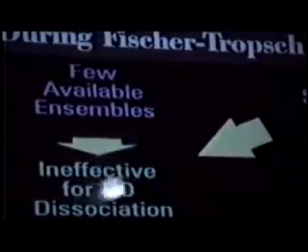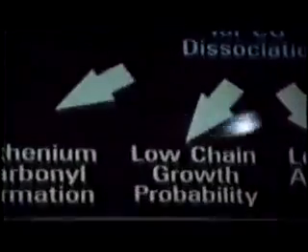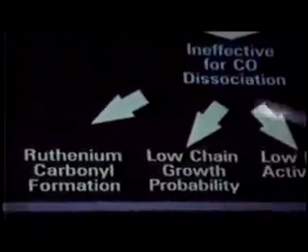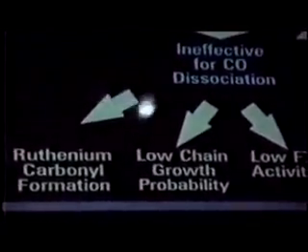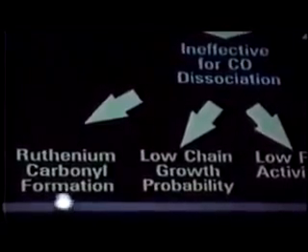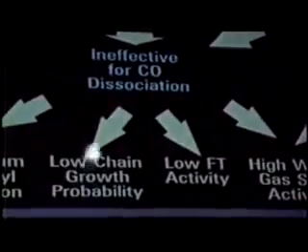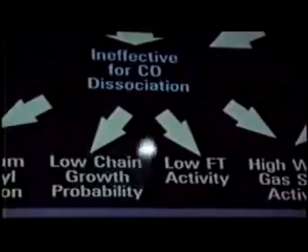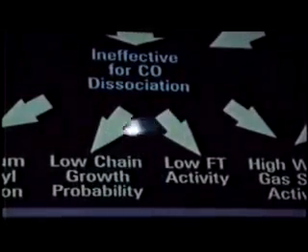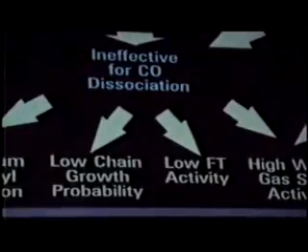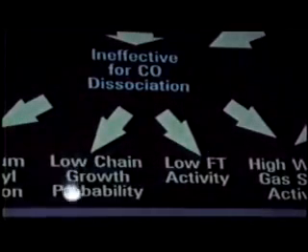for small particles there will be fewer available ensembles for dissociating CO. Ineffectiveness for CO dissociation has several implications. You enhance formation of reactions which do not require CO dissociation, and these are ruthenium carbonyl formation, and it implies low chain growth probability, because if you cannot dissociate CO, you have low concentration of CH2 groups relative to hydrogen on the surface, which results in low chain growth probability.